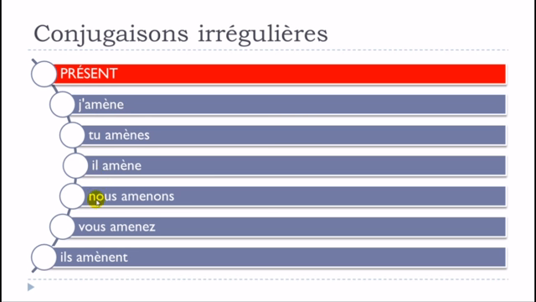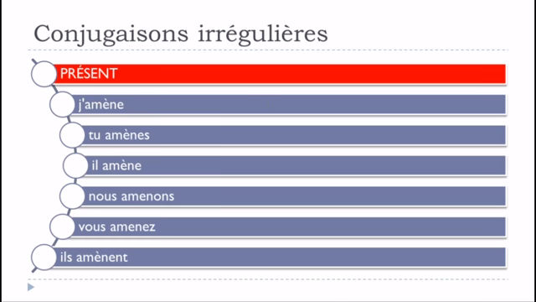Nous doesn't change, nous amenons, the e is silent, mute. Vous amenez, exactly the same thing, you don't pronounce this. So remember, the only thing you have to modify is to put this accent grave.